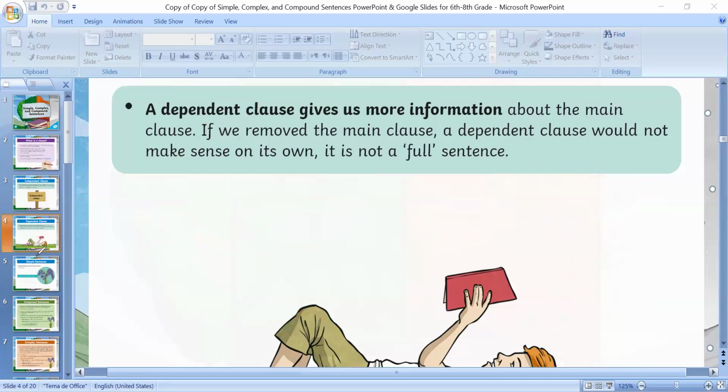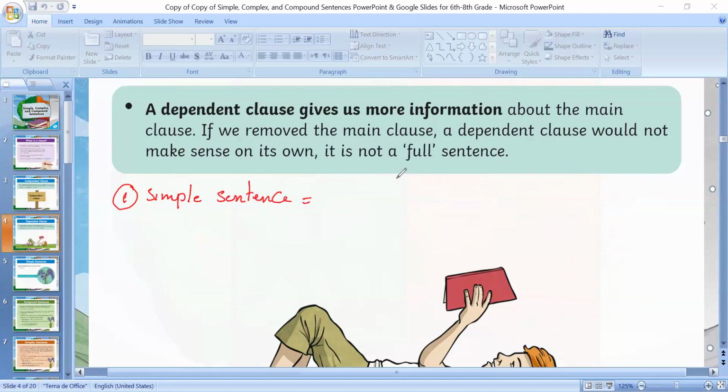Okay. Great. Now we need to identify the different kinds of sentences. We will study three different kinds of sentences. The first one is a simple sentence. A simple what? Sentence.